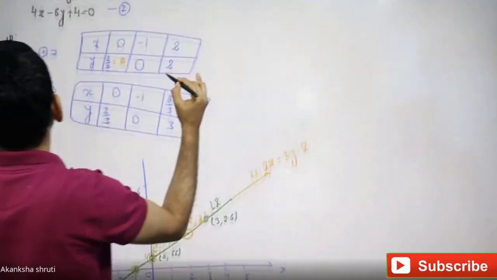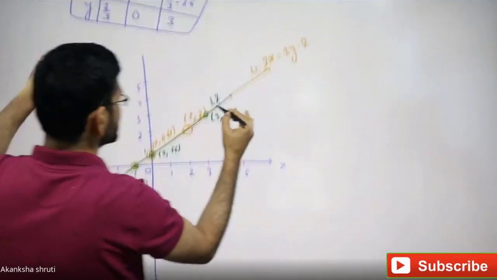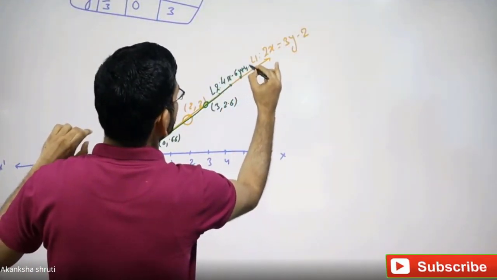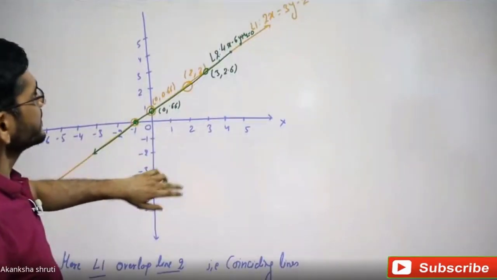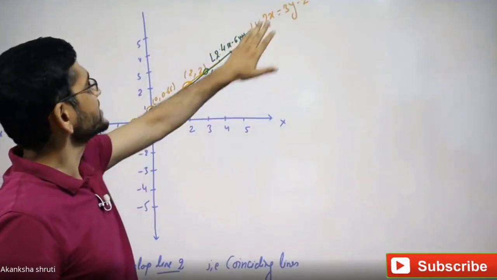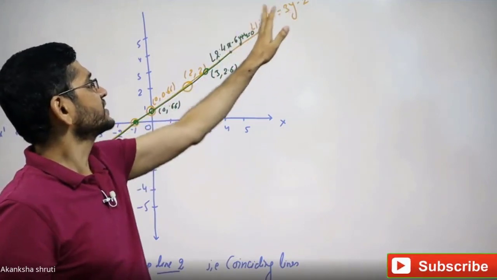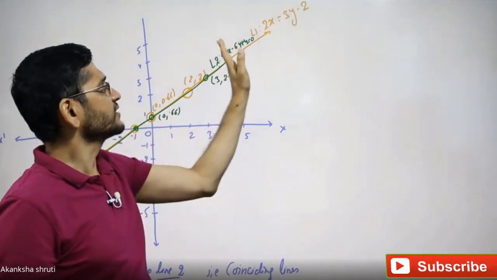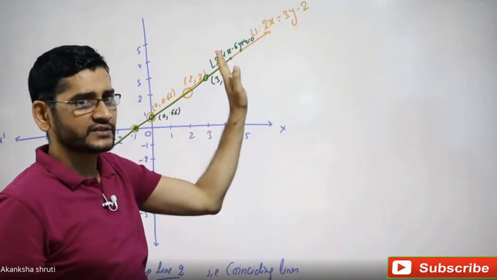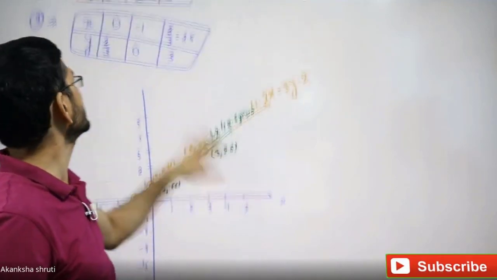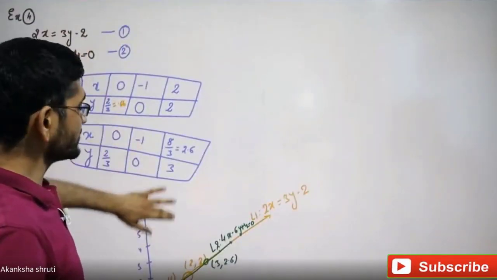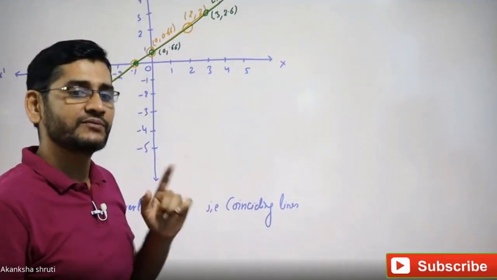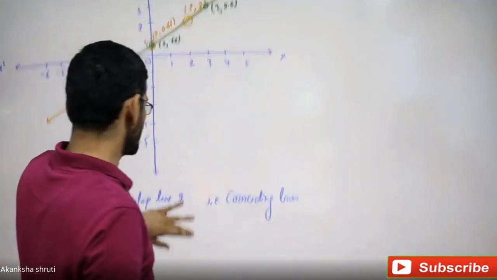Though the second line we have written as 4x minus 6y plus 4 is equals to 0, we can verify algebraically also that all the three ratios are equal. It means these two lines are not different, rather these two lines are the same. We are not given two different equations, but these two equations represent a single equation in different forms. Means they will be multiples of each other.